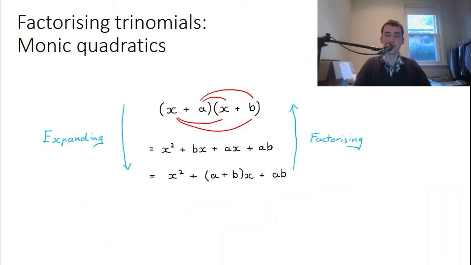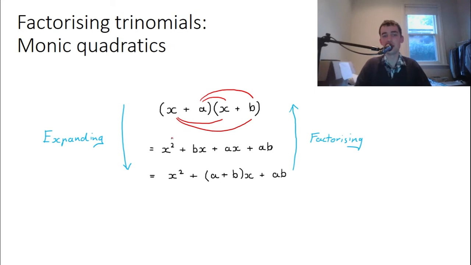So we're going to go backwards. We're going to expand this, which is what our final solution should look like, and we know that factorizing is just going backwards to that. So if you expand it, this is what you get.